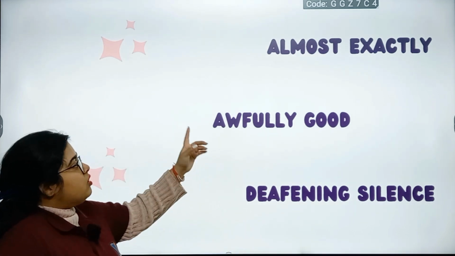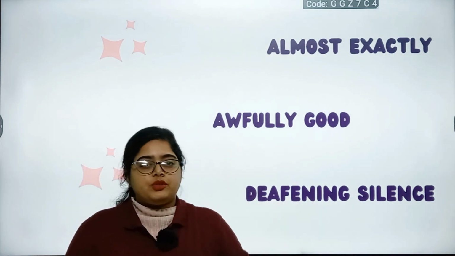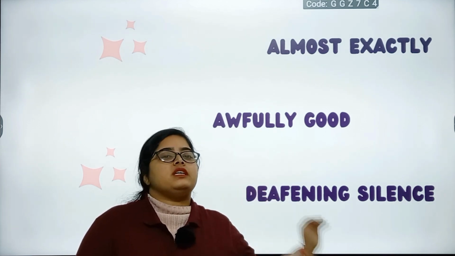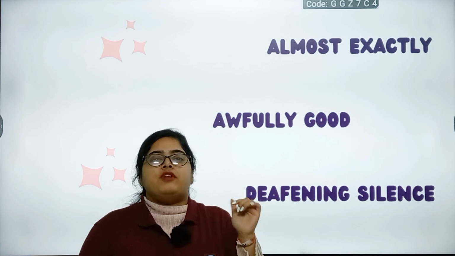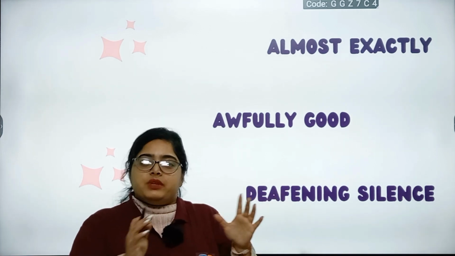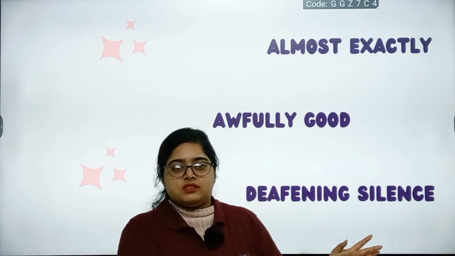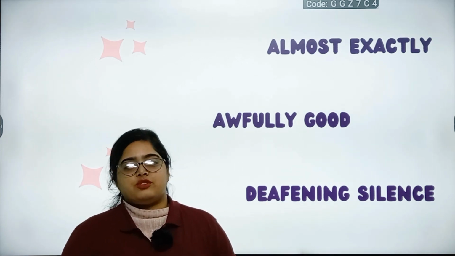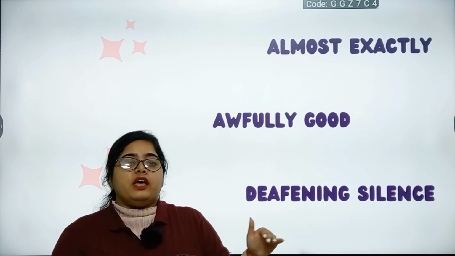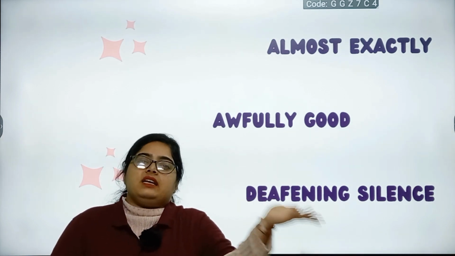They look almost exactly like their mother, but they have a hint of their father's appearance on them. So they completely look like their mother's split image, but they have a hint of their father's appearance also on them. That is why we can say they look almost exactly like their mother.